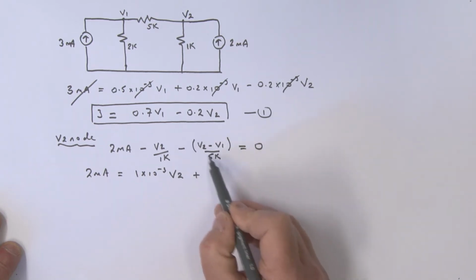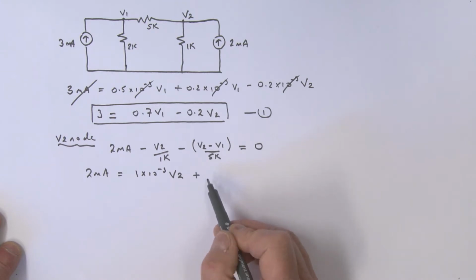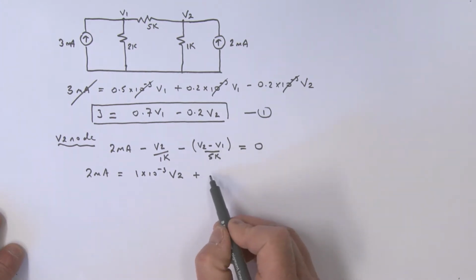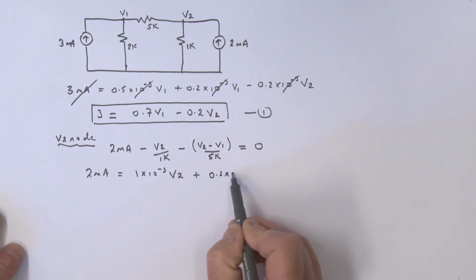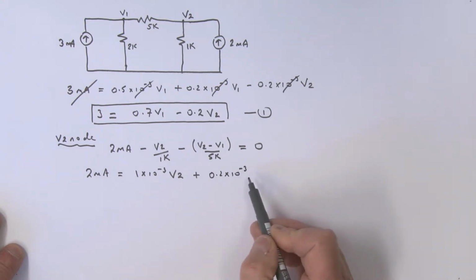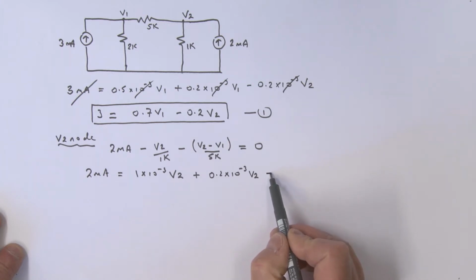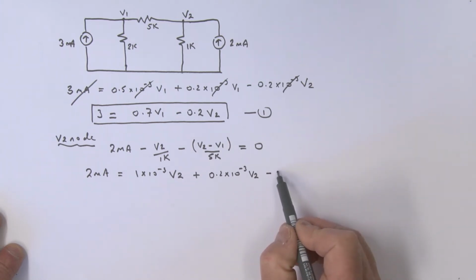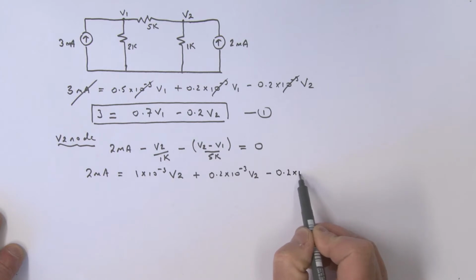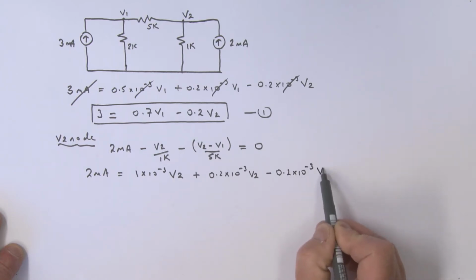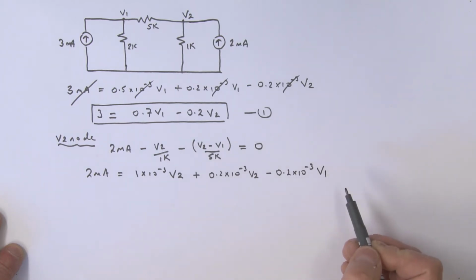And if I perform that division again, what do I really have there? I have a 0.2 times 10 to the minus 3 times my V2. And then I have what? A minus, this would be the V1, which is a 0.2 times 10 to the minus 3, and that is V1. Okay?